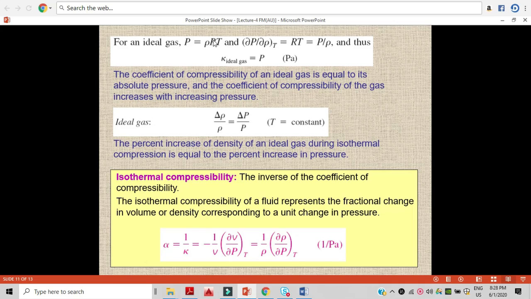So this term is equal to P, and P will be equal to rho times del P over del rho at constant temperature.